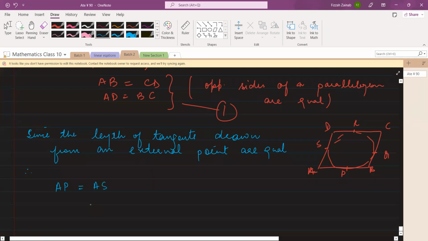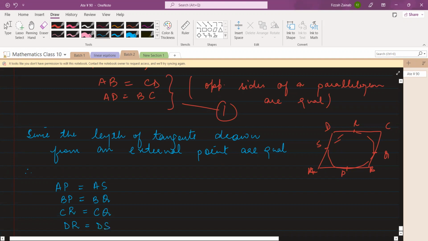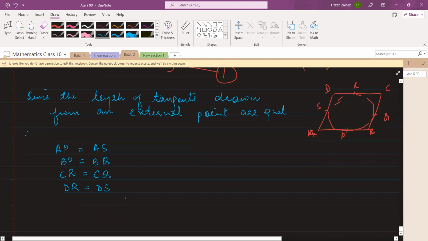Then BP equal to BQ. Then CR is equal to CQ. And then DR is equal to DS. You'll understand why I'm writing like this. These are equations 2, 3, 4, and 5.